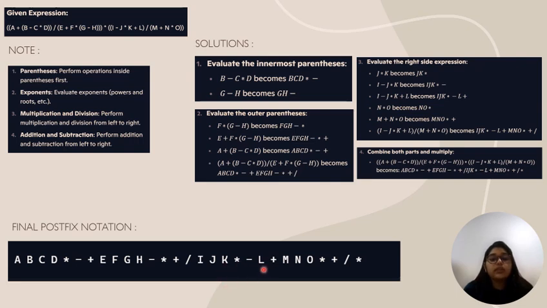And then here we have the L, which is added, and then M, which is multiplied by N, and then divided by N, and then O, which is multiplied by N. And then finally, we would have to write the multiplication in the middle of the two sub-expressions at the very end, like this.